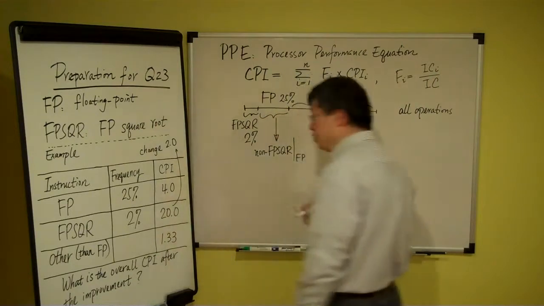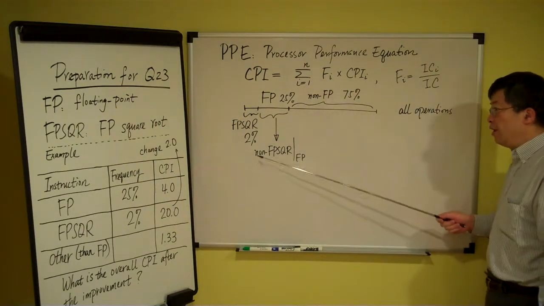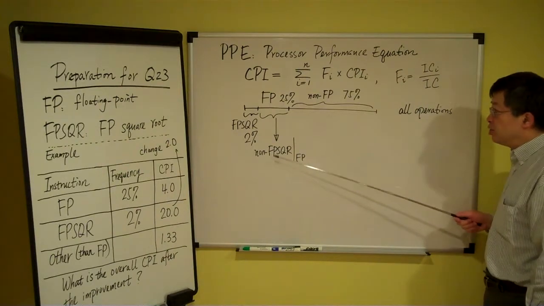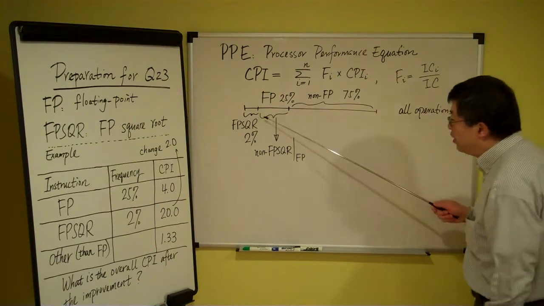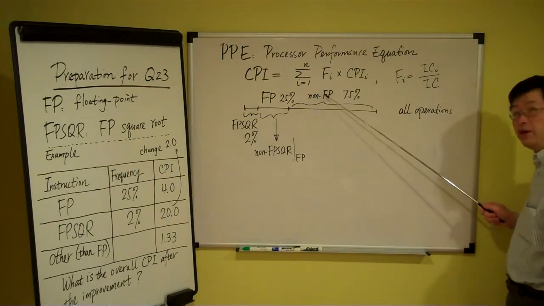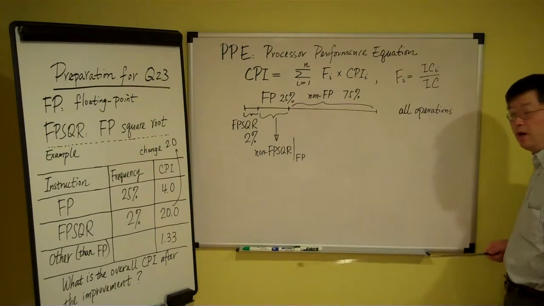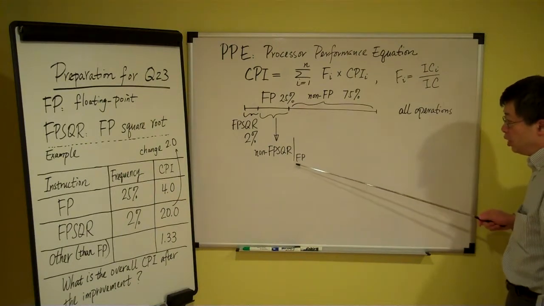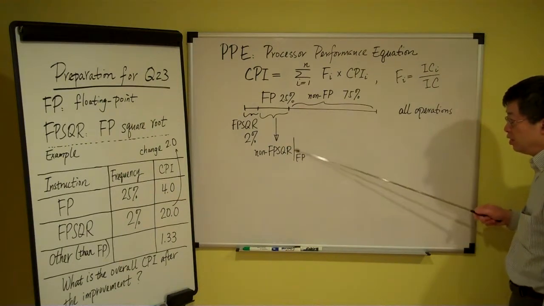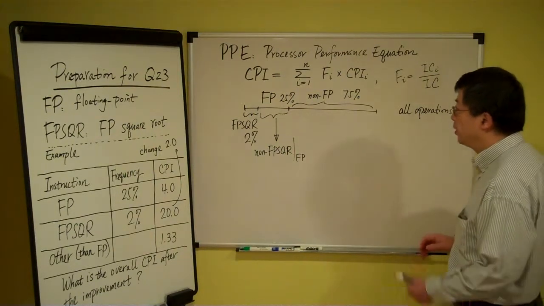So I draw this vertical bar. Because if I just call it non-FP-SQR, people may feel it includes non-FP, because non-FP also belongs to non-FP-SQR. So that's why I use this restriction on it, to avoid confusion.